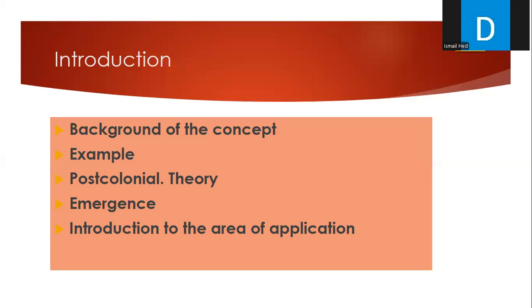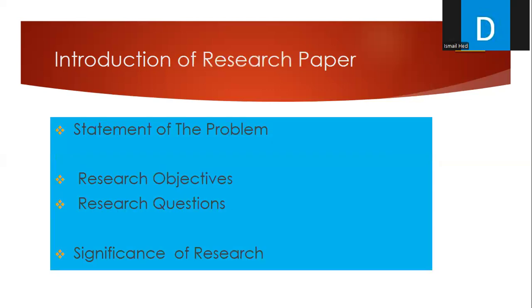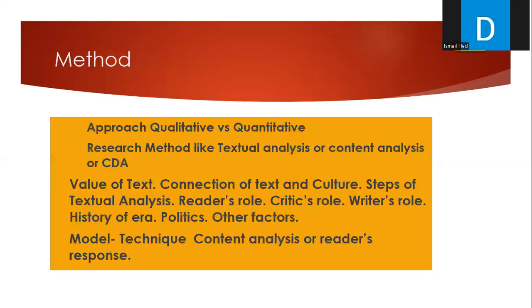You can talk about that, or you could also talk about the introduction to the area of application. So the statement of the problem, research questions, research objectives, and significance of the study would be the top headings after building the context or the background of your research paper in the introduction chapter, or in the heading of introduction.